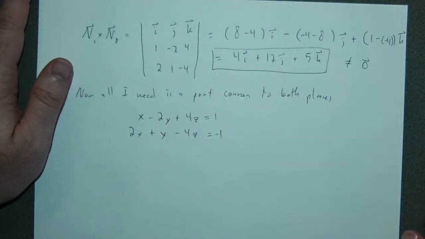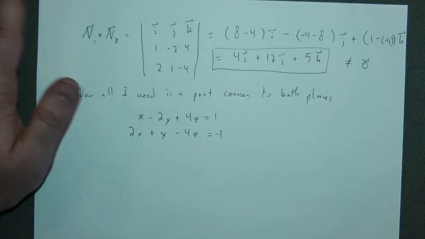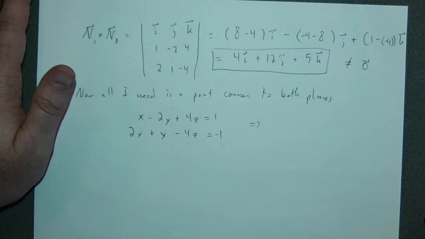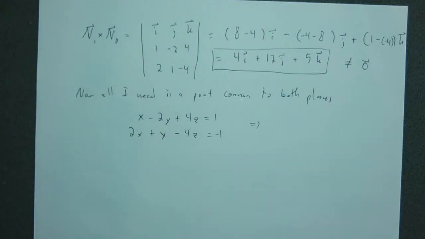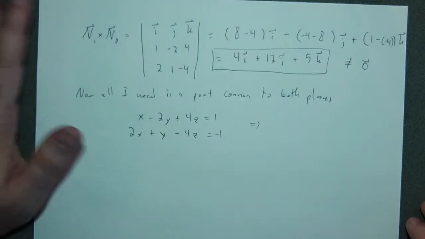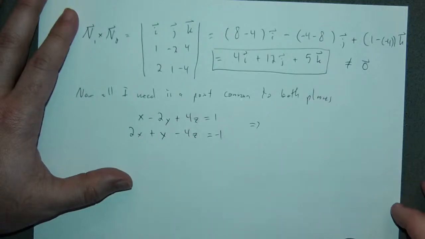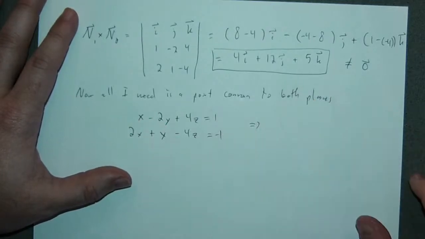We could add these equations. If we add these equations, and why would I think to do that, right? Well, I have 4z here and minus 4z here, so I'm going to get rid of the choice in z here, and I'm going to get some equation in two variables, x and y. That's something I could do.